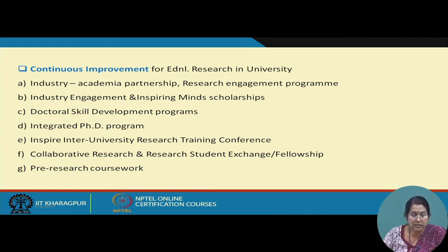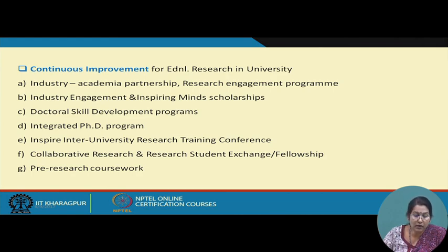Similarly, industry engagements and inspiring mind scholarships are again initiatives taken by different entrepreneurs, industry people, and organizations. Similarly, doctoral skill development programs. Prior to actually conducting the research program, there can be a kind of orientation, a crash course, or an internship on skill development.